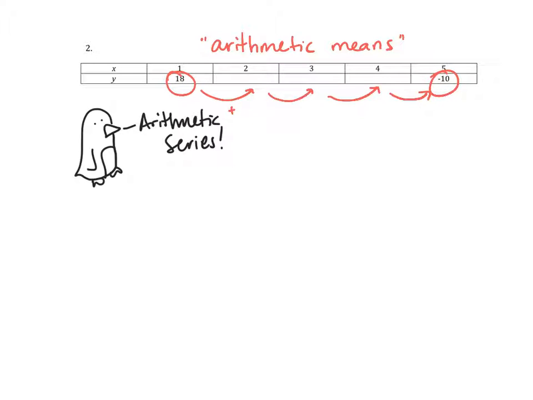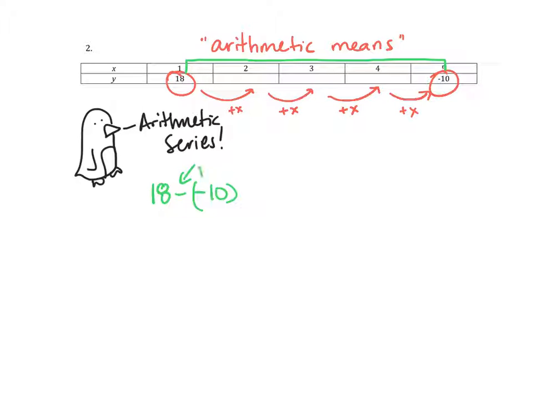And remember, each time I'm adding the same value, or I guess subtracting the same value since we know it's negative. So whatever that common difference is, it's the same thing every single time. So now I want to ask myself, what is the overall distance between 18 all the way down to negative 10? What's the overall distance I need to cover? So the way I'm going to do that is I'm just going to say 18 minus negative 10. Don't forget to put that negative 10 in parentheses, because what's about to happen?